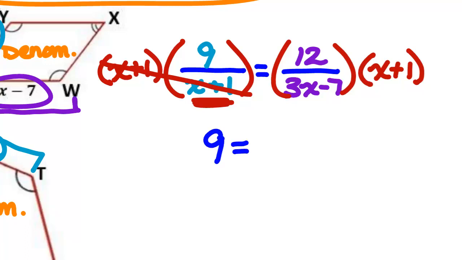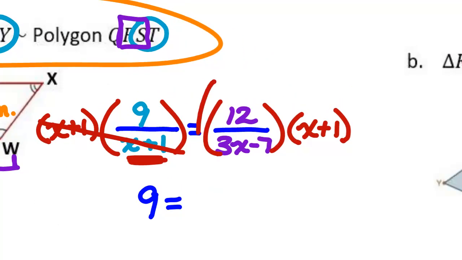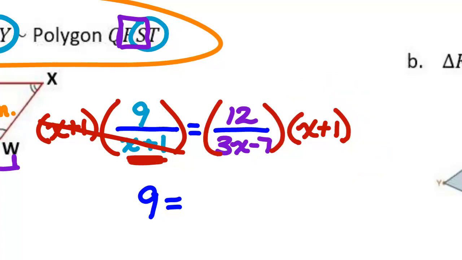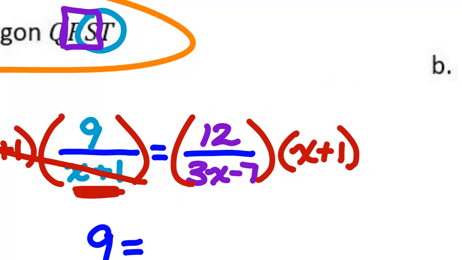Now here's the thing that is really important to remember when we're working with these. When I multiply a fraction, like this side right here, by something that is not a fraction, we're going to need to use distribution, but only with the numerator. We don't distribute to the denominator. You only distribute to the numerator.